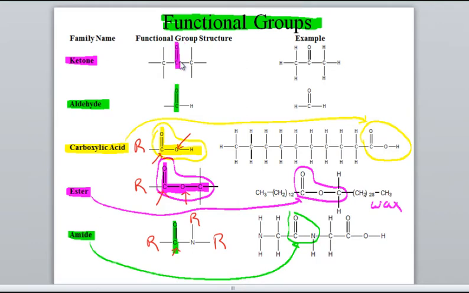What makes it a ketone is if that carbon is bonded to 2 other carbons. What makes it an aldehyde is if this carbon is bonded to at least 1 hydrogen. On this other side, it's an R group, which could be another hydrogen or it could be a carbon. But this carbon right here, having a single bond to a hydrogen, makes it an aldehyde.